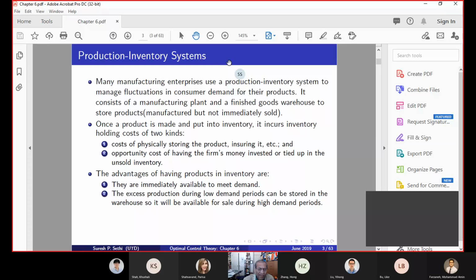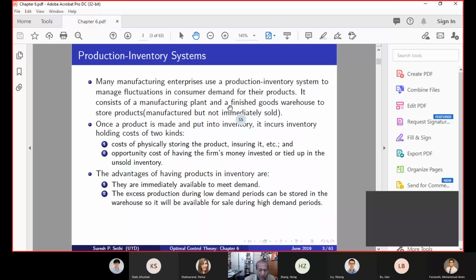So what is the idea behind a production inventory problem? Well, the idea is that there is a demand which varies over time, and we can produce, but if we produce exactly according to the demand, then changing production and all that may not be all that interesting and could be expensive.